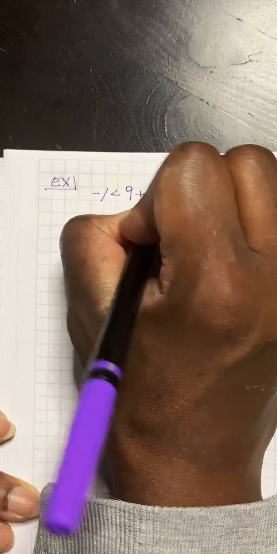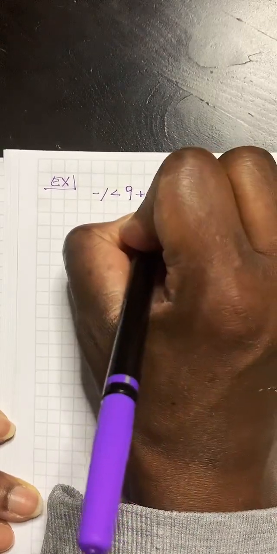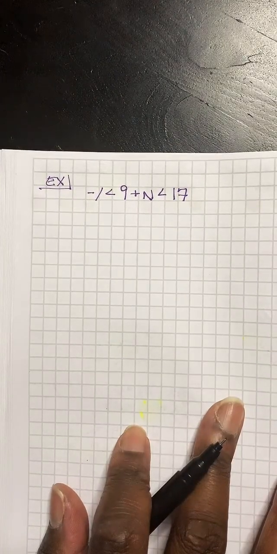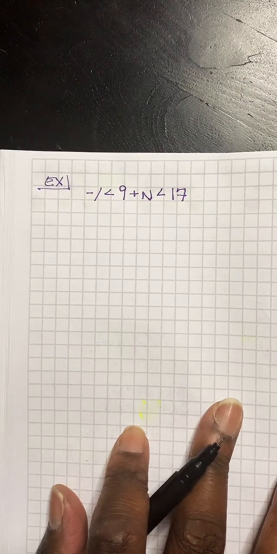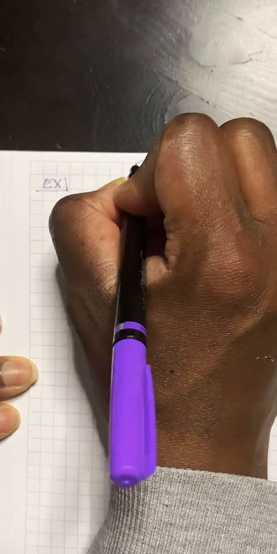So we have -1, I'm going to put it to the side so it won't blend in, is less than 9 plus n is less than 17. You're like, whoa. Why are there 2 inequality signs? It will humble us. It's okay. This is called a compound inequality.